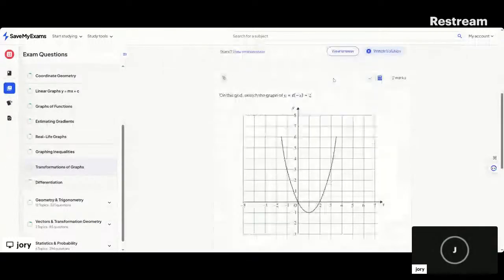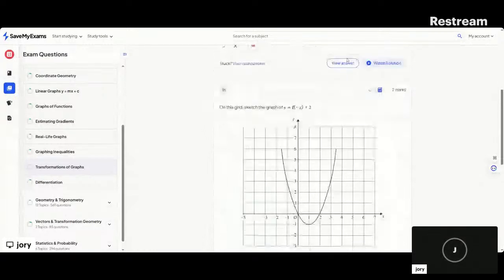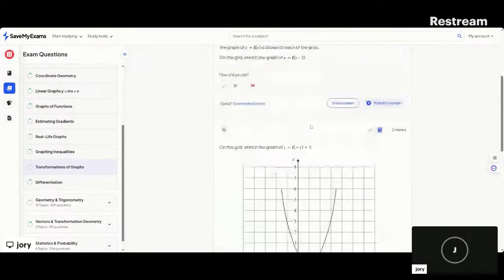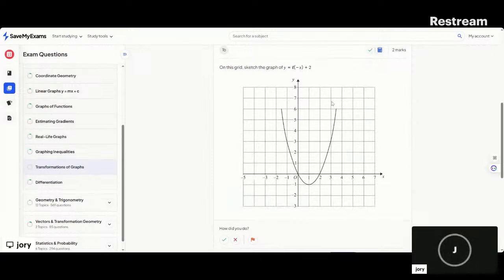And then negative x, it was when it was 1, it was -1, and now when it's 1, it's 1. So pretty much just flip on the axis and then +2, bring it 2 upwards.